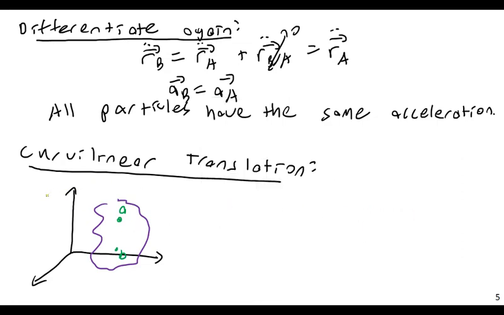But as long as this thing isn't rotating, the path traced by A and B will be the same path. And so these are meant to be parallel lines at each point, or have the same slope at each point. So again, they will trace the same path in space.